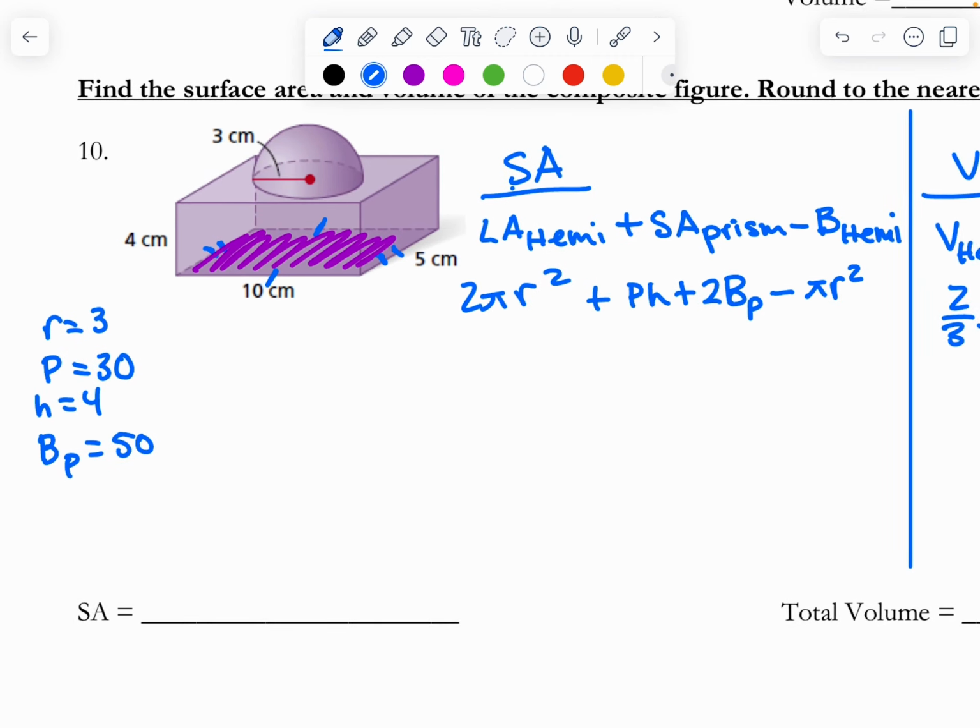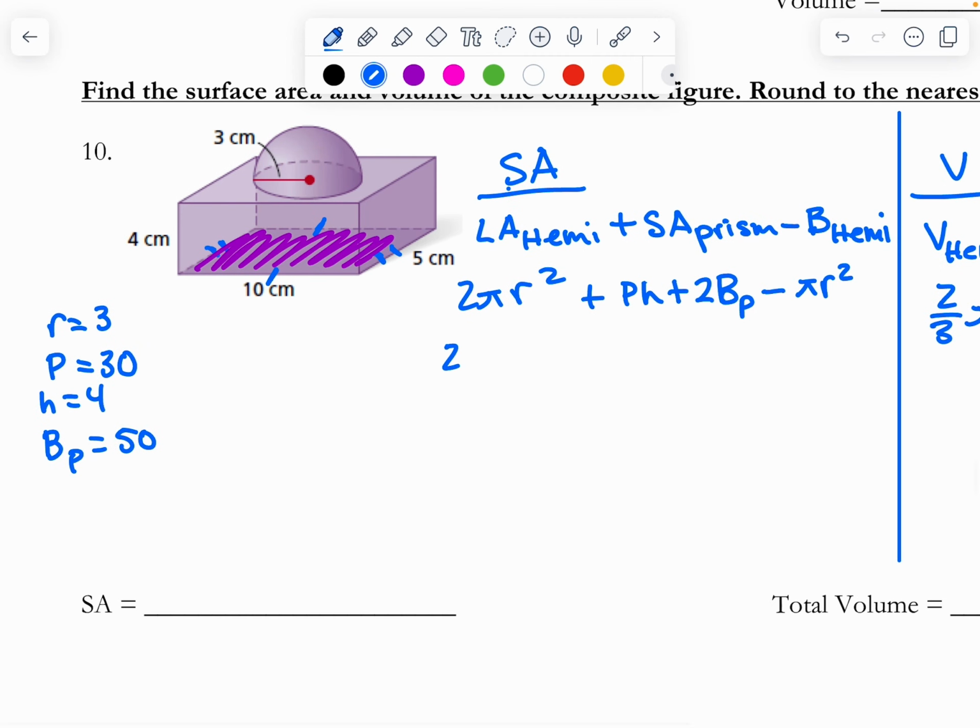All right, so it looks like we pretty much have everything, and we're ready to just kick this thing's butt. So first, 2 times pi times r squared, but r is 3, so 3 squared. Next, I'm going to go ahead and add the perimeter of 30 times 4, plus 2 times the base of the prism, so 2 times 50.